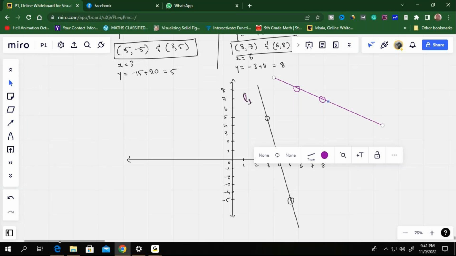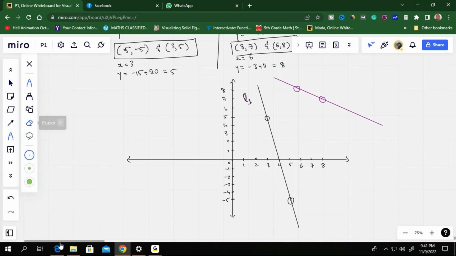You can see that once I extend these 2 lines a little far beyond, they are going to intersect each other. I can remove this little working just for my convenience.